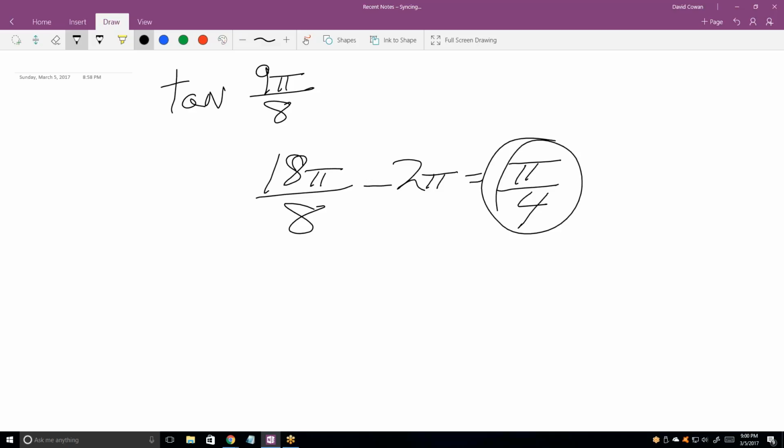Oh, right. Okay, so the way I want to set this up is, what goes in my argument? What's the best way to write it? Tangent of 2 times 9 pi over 8, I guess? Or would you just put tangent of 18 pi over 8?